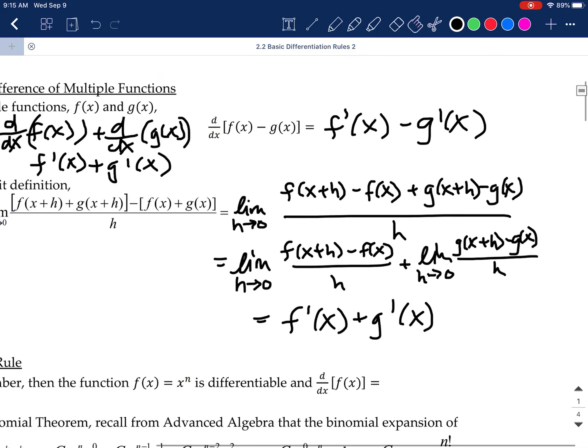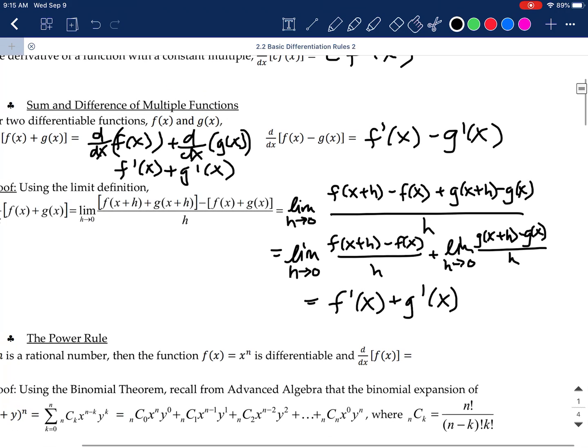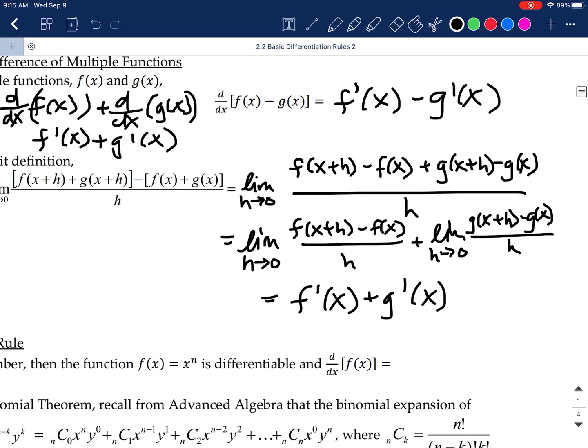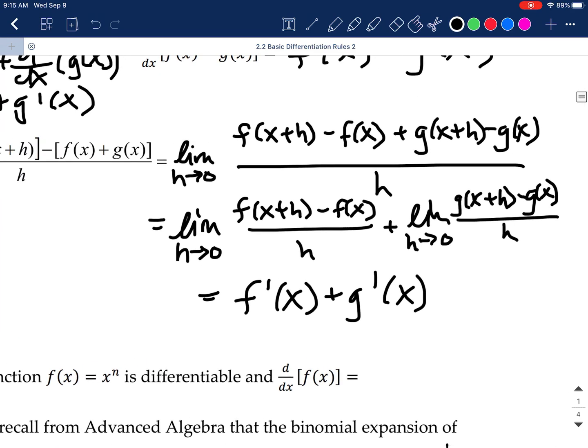So again, the book has a lot of these derivative proofs, and this is what one would look like. They're a little bit trickier when we get to quotient rule, chain rule and product rule, but they run pretty similarly, where we want to split into a convenient limit that works out.